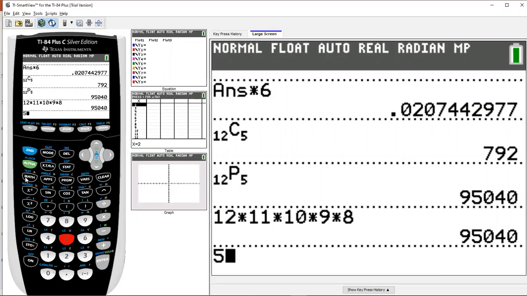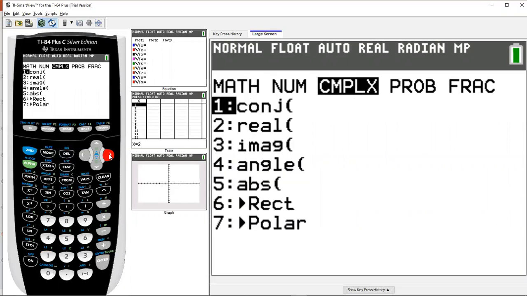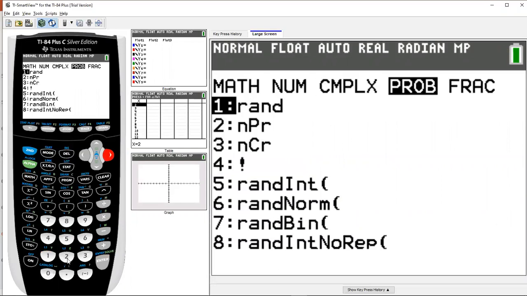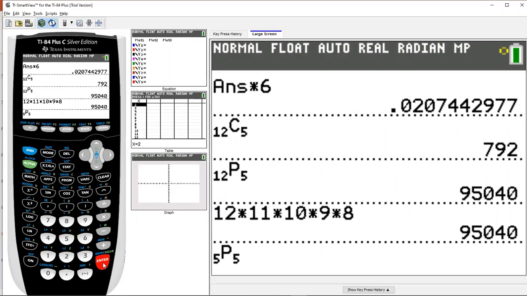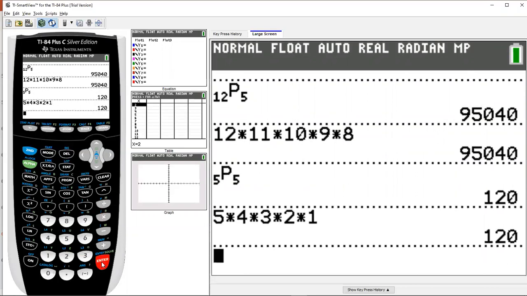So what we need to do is find out what 5 pick 5 is. So 5 pick 5 is 120, which, by the way, is 5 times 4 times 3 times 2 times 1. That's also 120. So as I said, a shorthand way of writing all of this is 5 pick 5 over 12 pick 5.